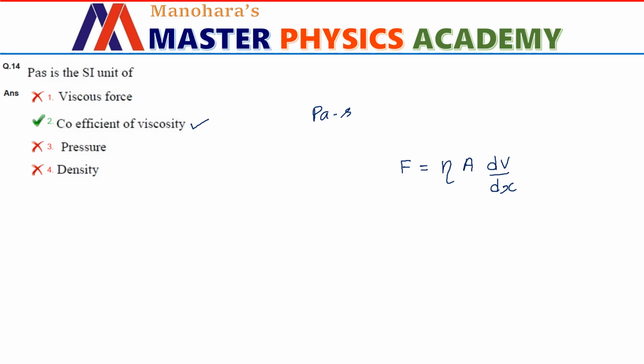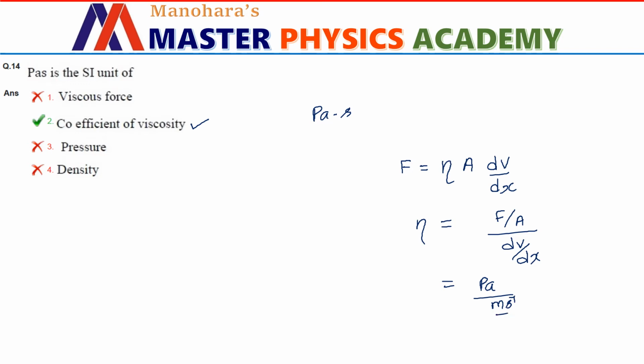So now the coefficient of viscosity is given by F by A divided by dV by dx, right? What is the unit of F by A? That is force per unit area. This is going to be Pascal, right? So divided by, what is the unit of velocity gradient? dV means velocity, that is meter per second.